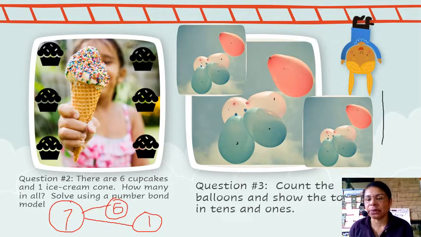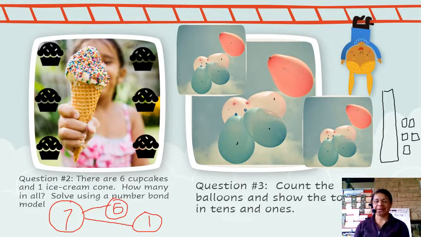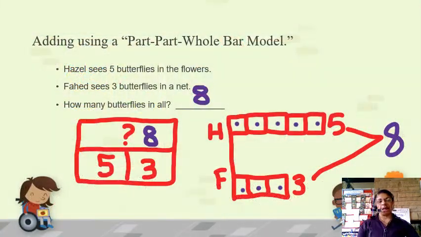So I'm going to make a 10. That's 10. And then I need to do 5. 1, 2, 3, 4, 5. Is that what you did? Well done, mathematicians. Let's get going.